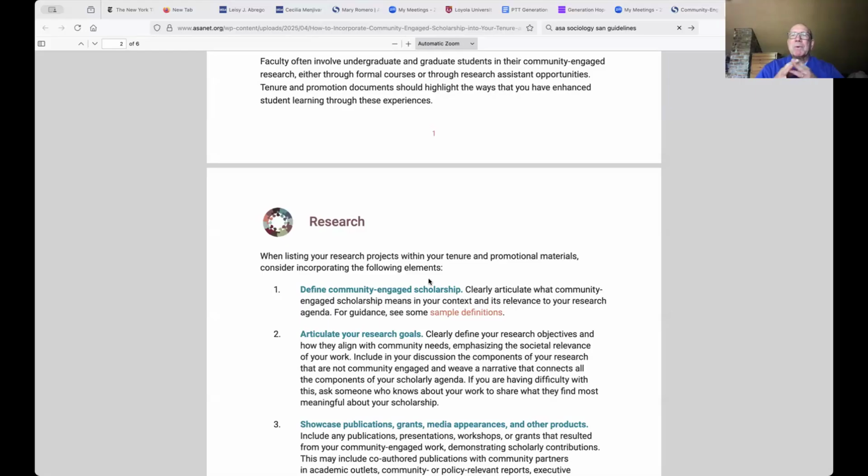Nevertheless, the rubber really seems to meet the road on the question of research. So I do think that we do have guidelines on teaching. We do have guidelines on service. Please take a look at those. But I think that in general, doing community engaged teaching or community engaged service has been traditionally more accepted anyway, and it's been the struggle around getting credit for the research that you're doing, because as we know, first of all, it takes a lot longer to do this kind of work.